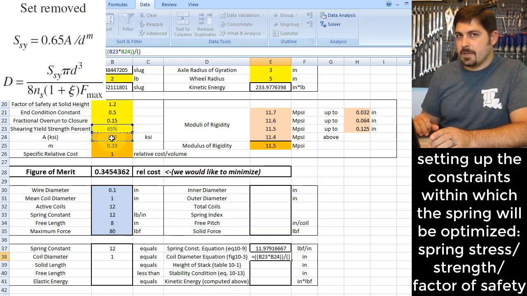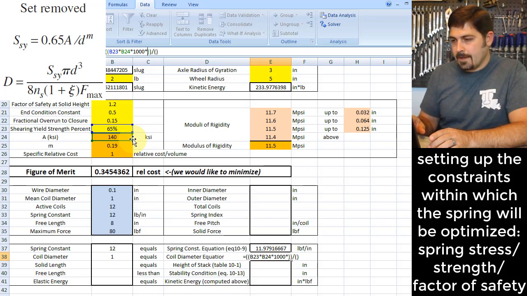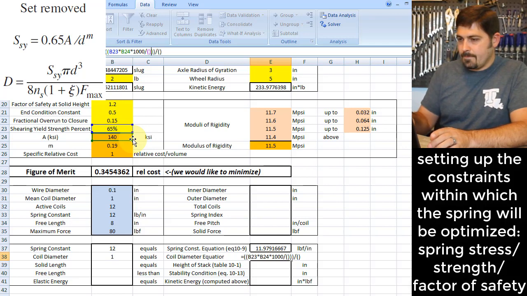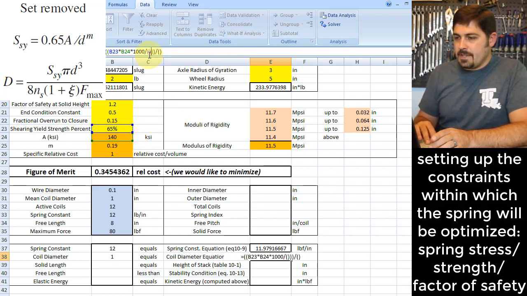Something to keep in mind, I'm going to try to keep all this in base units, and this was in KSI, so I'm going to multiply it by 1,000 to get it into PSI. Then all of this is going to be divided by, inside of these parentheses, the wire diameter, raised to the exponent.